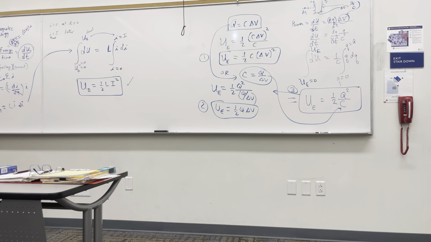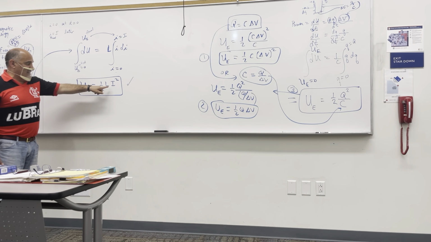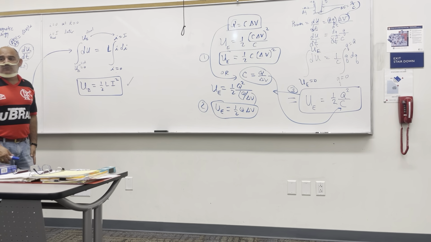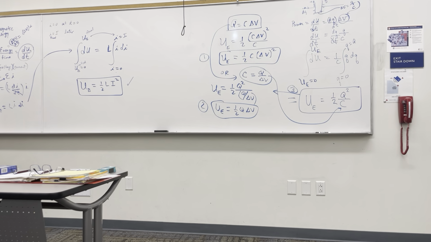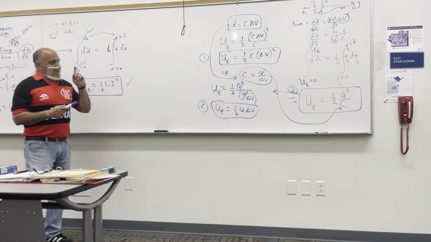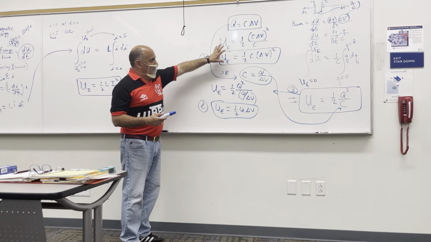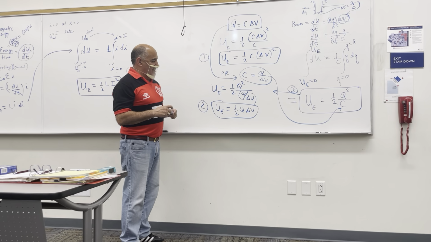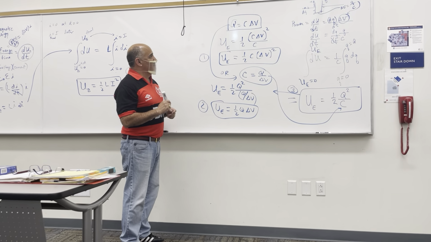Well, the energy stored in an inductor, when the current in the inductor is I and the inductance is L, is the energy stored in the inductor. And we used this result. Let's see.